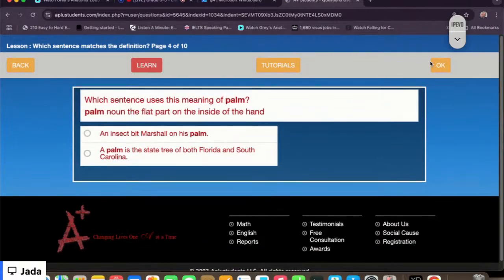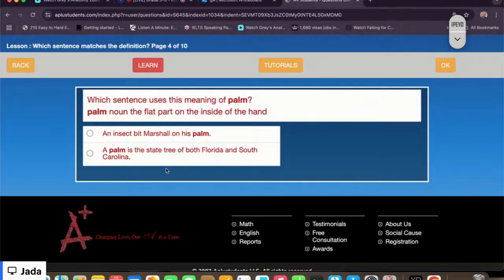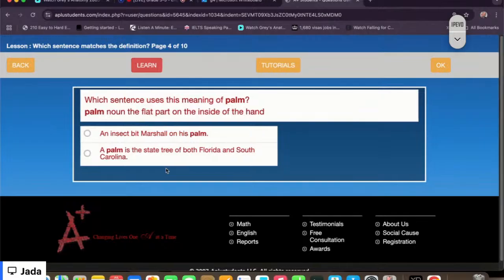Palm, now, the flat part of the inside of the hand. So is it the first or second?